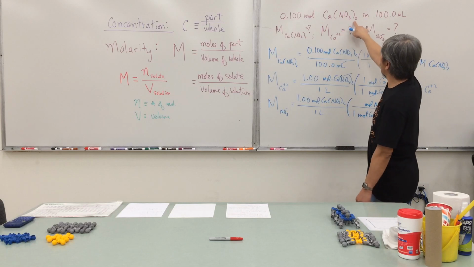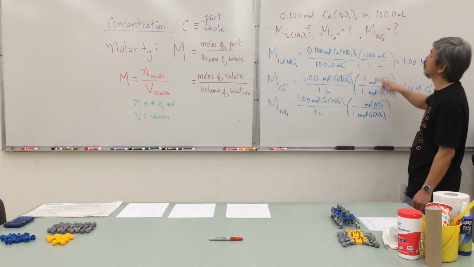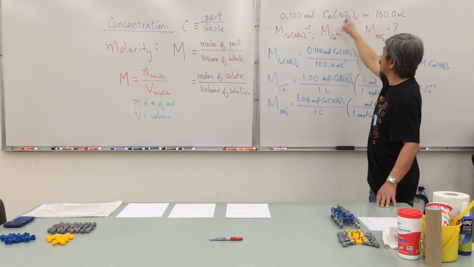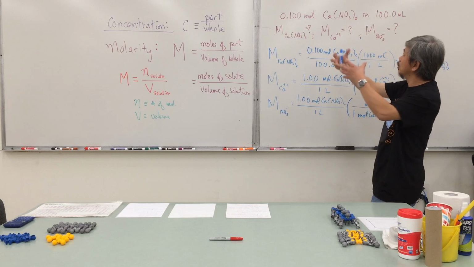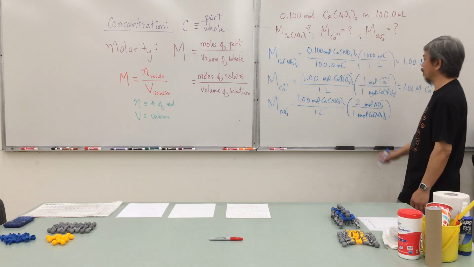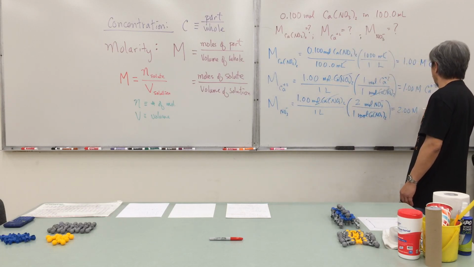Notice I now have a parenthesis with a 2 here. Because each of these has only a minus 1 charge, I need 2 of them to balance out my calcium plus 2 charge. So when this is taken apart, it has 2 separate nitrate ions floating around. That's going to be a 2 up front, so when you work this out, you end up with a 2.00 molar concentration of NO3 minus.